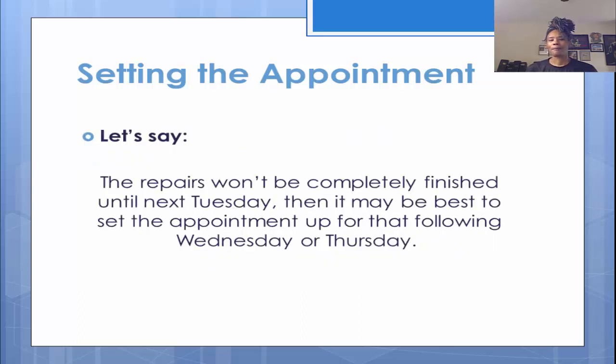And let's say the repairs won't be completed until Tuesday or something next week. Then it may be best for you and the homeowner to come up with a mutual time and day, like a Wednesday or a Thursday the following week.